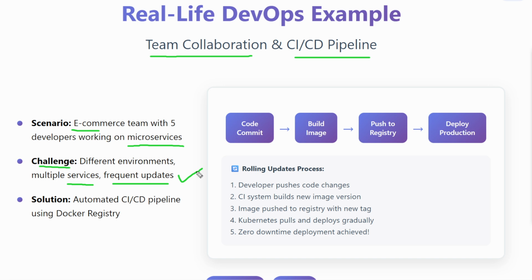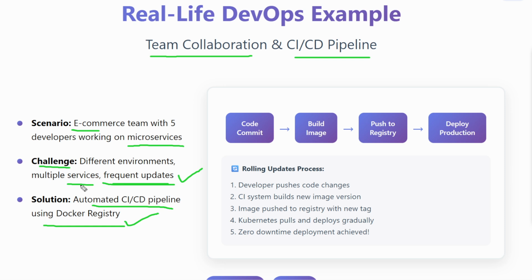So in that case, CI/CD comes into the picture. The solution for that was an automated CI/CD pipeline using a Docker registry. Here they can set up this CI/CD pipeline, and then they can handle these challenges one by one. If they want to perform frequent updates, they can develop and just commit. The work will be done till the deployment.